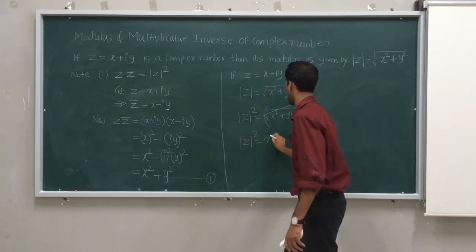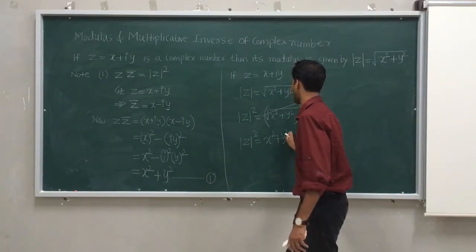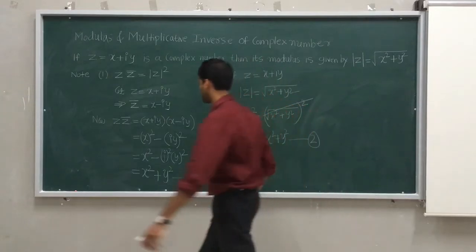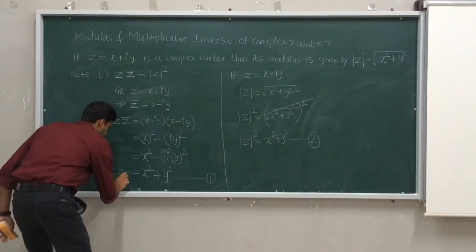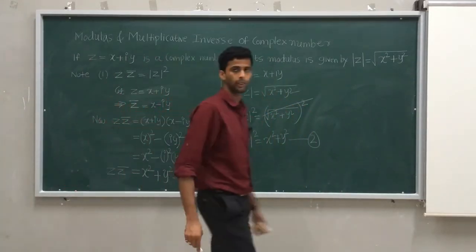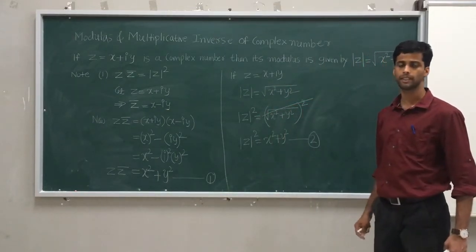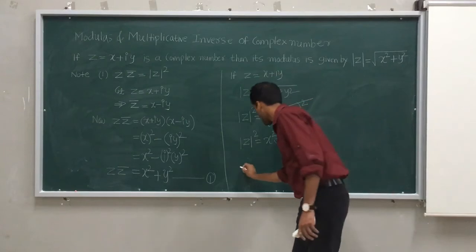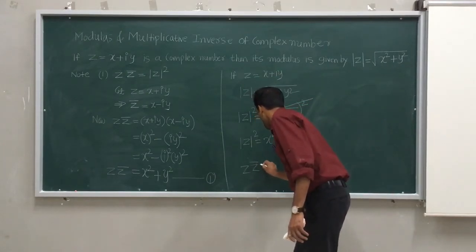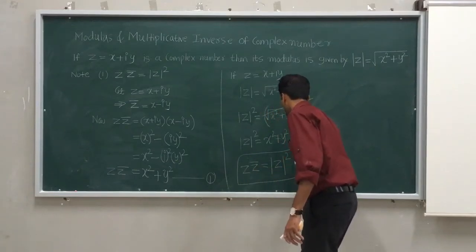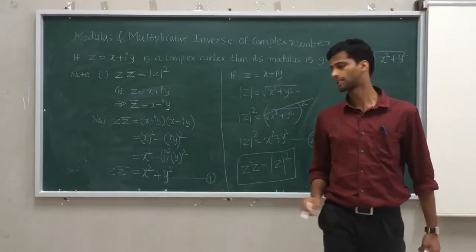Square root and square cancel. You got x square plus y square. If you compare both, z into z bar and mod z square, both equations' right hand sides are the same. With this I can conclude z into z bar is always equal to mod z the whole square. That is the result. Always keep this in mind.